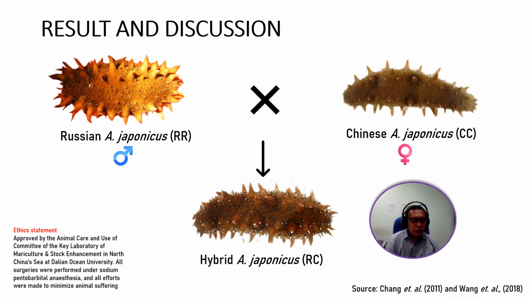A study of hybridization between Russian A. japonicus and China's A. japonicus has been conducted in China. The study was approved by the relevant agency and you can read it in the below part of this slide.